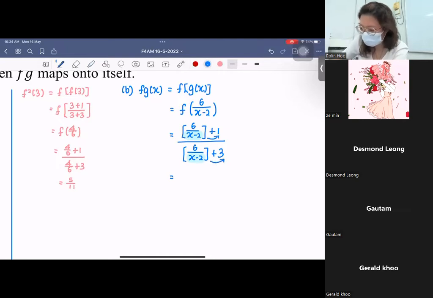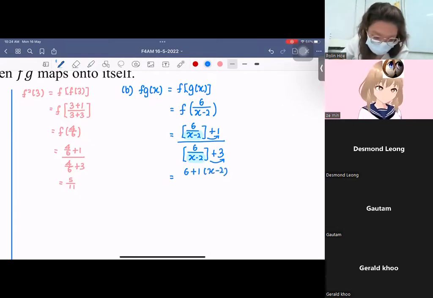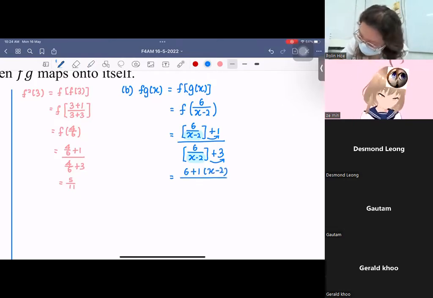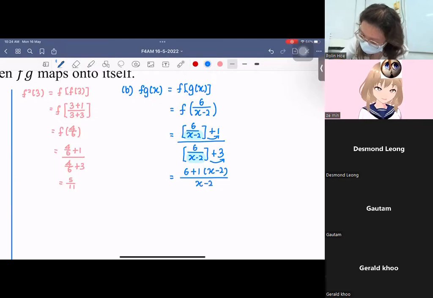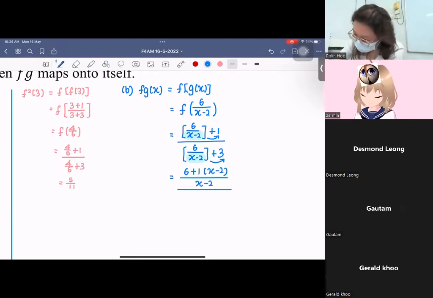Multiply up. 6 plus 1(x minus 2) over x minus 2, over 6 plus 3(x minus 2) over x minus 2.